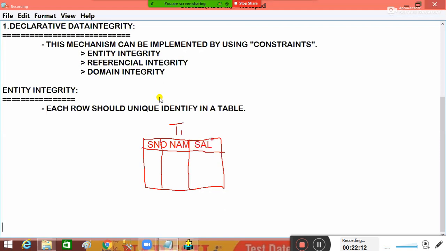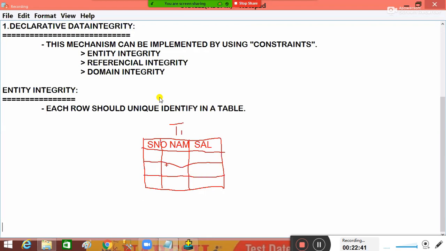But on this table, I'm not applying any integrity rules. We didn't apply any kind of rules on this table, so you can insert any kind of data.